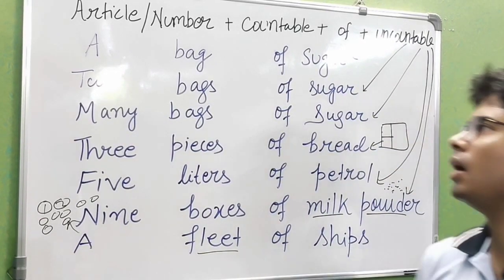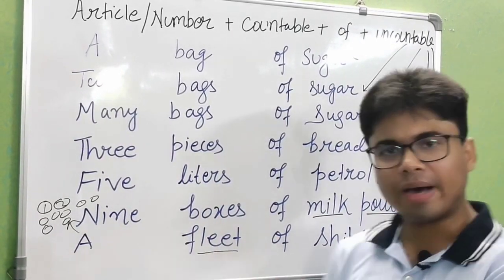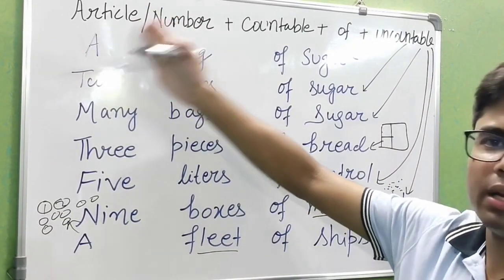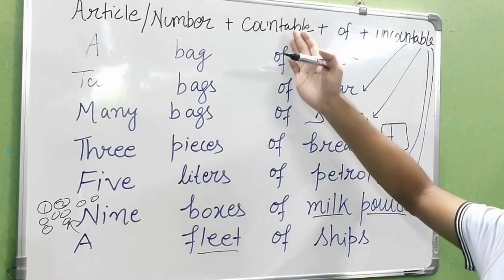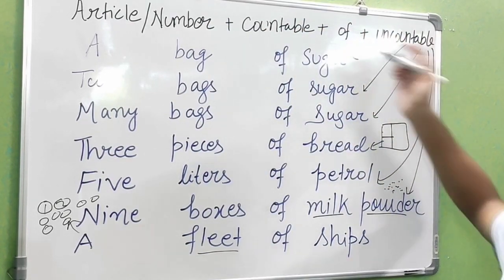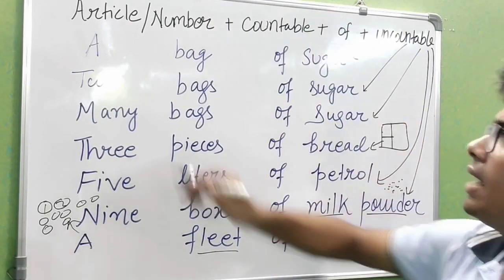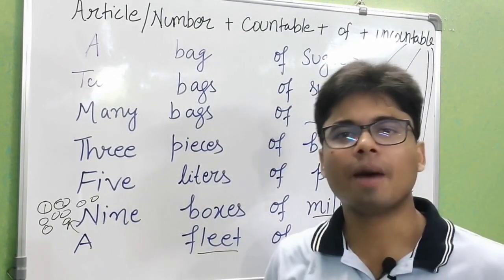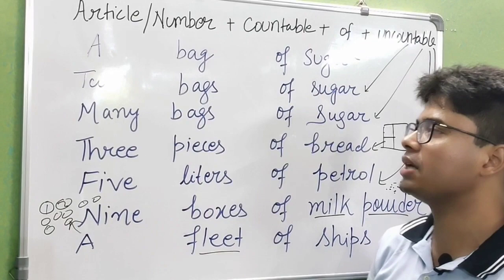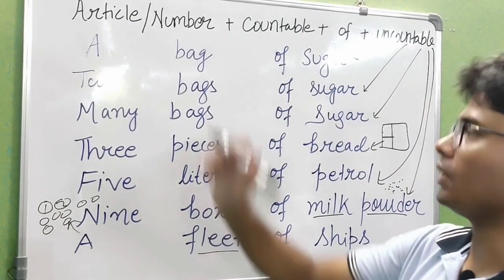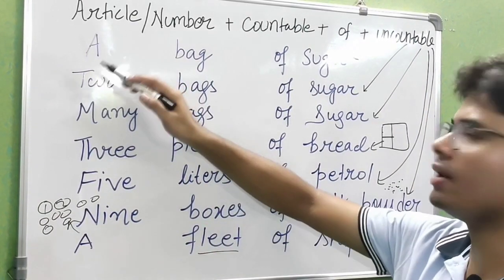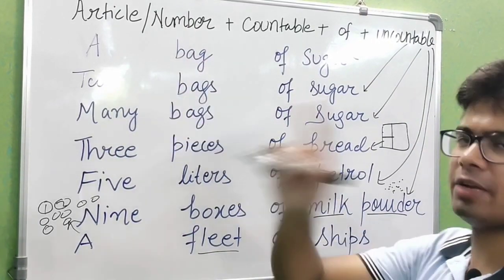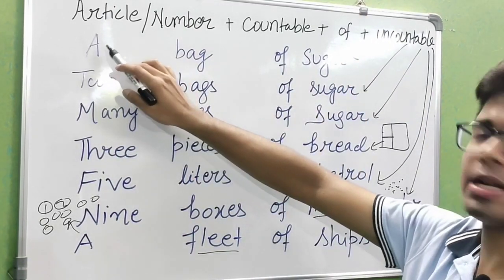Let's come back. This is how we can write all the collective nouns. How? First we write article, then number, plus countable, plus of, plus uncountable. Here I have written a bag of sugar. Here you can see the number: a bag, that means one bag, that's why A is written.